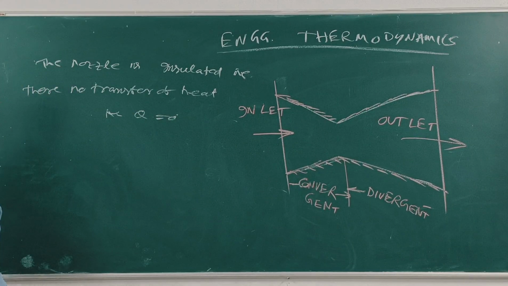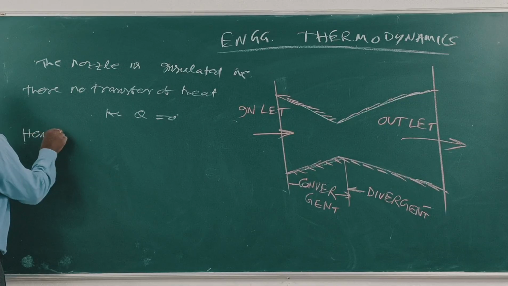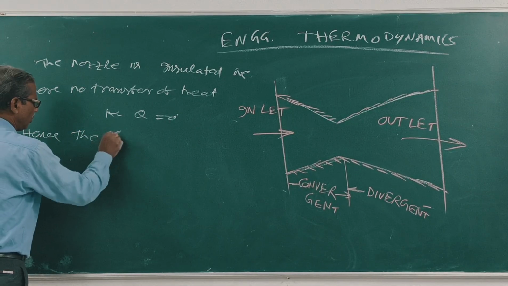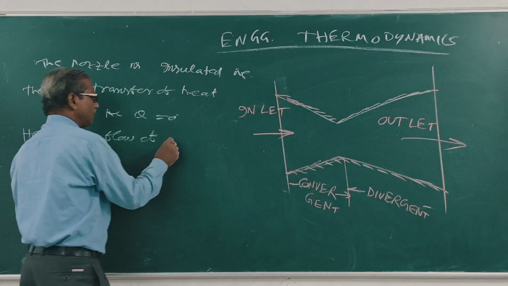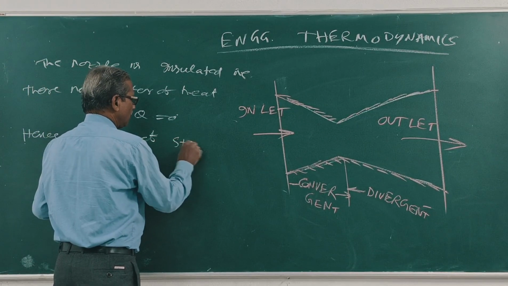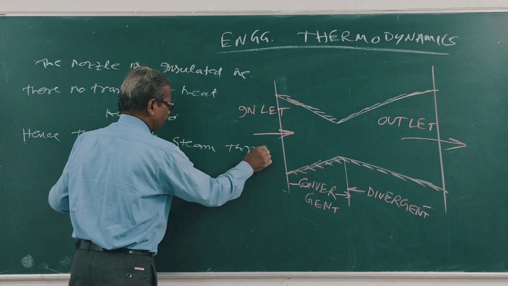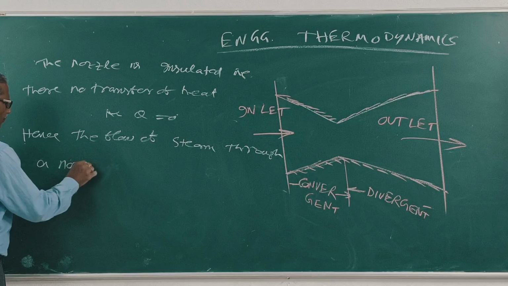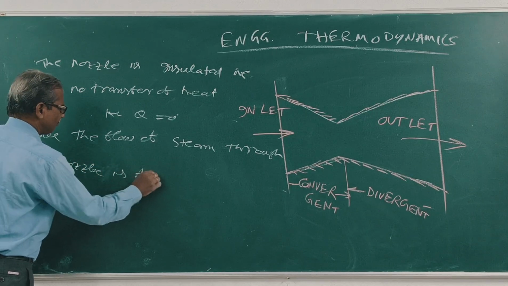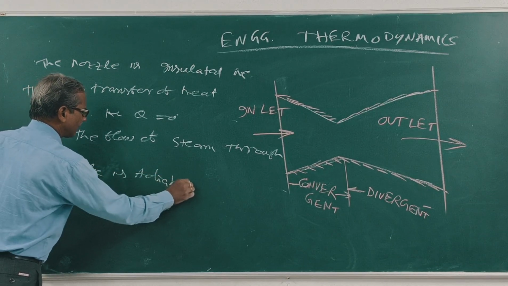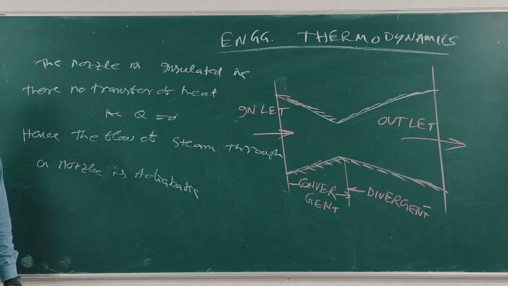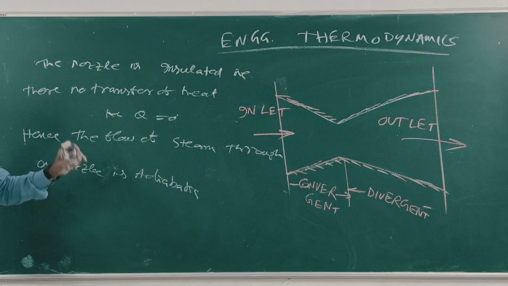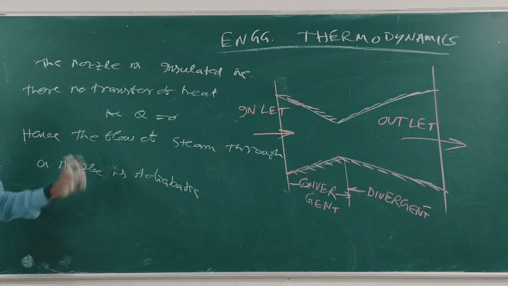Clear? Hence, the flow of steam through a nozzle is adiabatic. Right? No transfer of heat. So Q is equal to 0. That means the process is an adiabatic process.